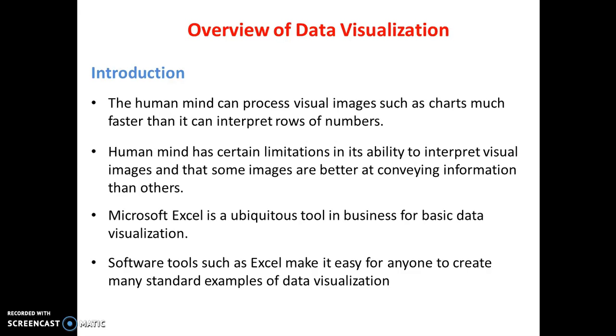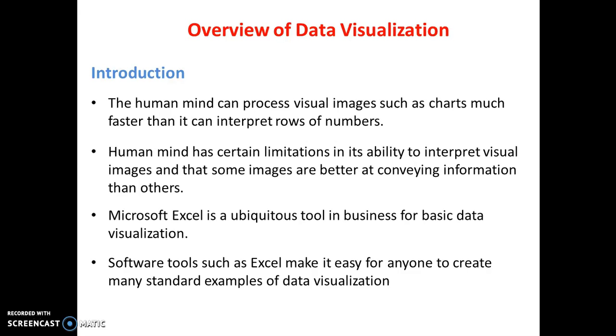Here, if you look at any image, our human mind easily captures the image and understands the content. For example, you can take a chart. If you have any chart, you can easily understand the content of the chart and what message it is trying to convey to us.